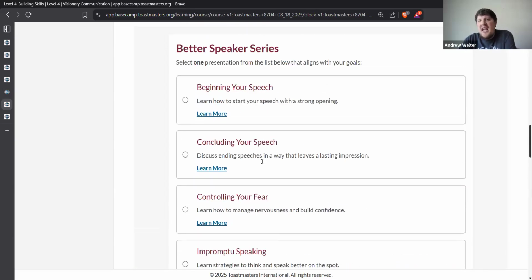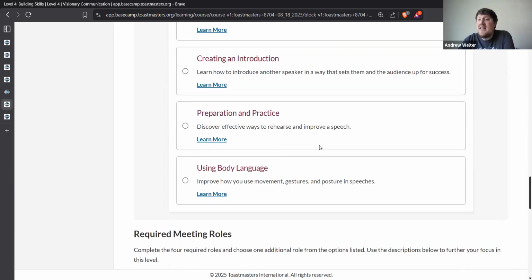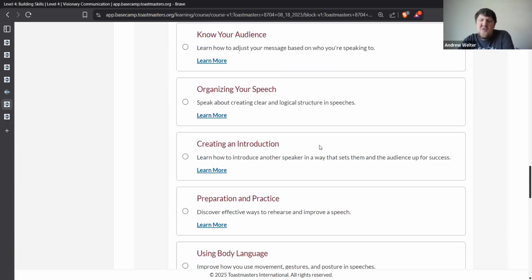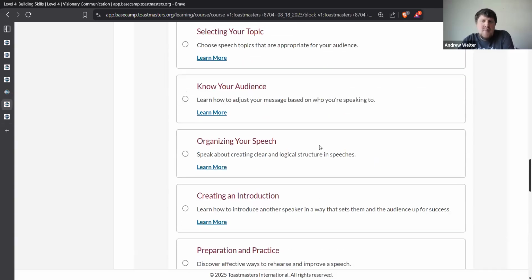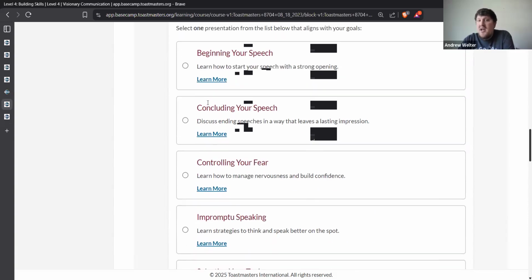So pay attention. And again, if you're looking a little ahead, these speeches you can easily plug into a level three project. Level four is a little bit tougher, but level threes are very easy to plug these into.